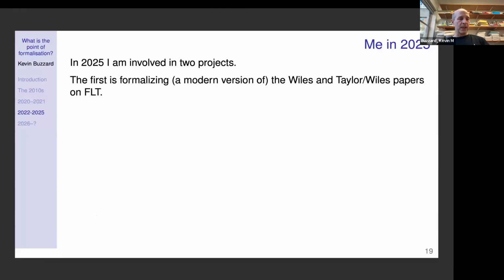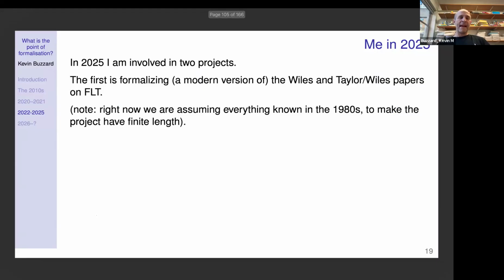The first one is that I'm beginning the very, very long journey towards a fully formalized proof of Fermat's Last Theorem. Right now, what I'm doing is I'm trying to prove Fermat's Last Theorem modulo the 1980s. I proposed this in 2023 when AI wasn't anywhere near as good, and I could envisage this project, even with 2023 tools, being doable in a 5-year time span.